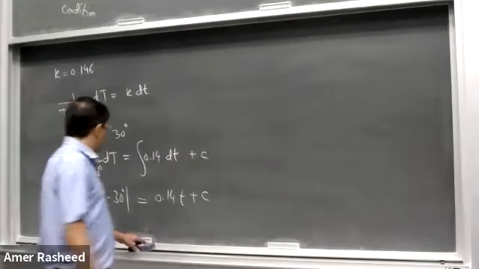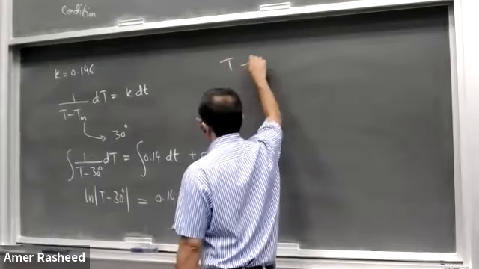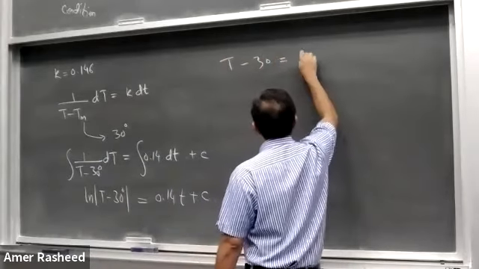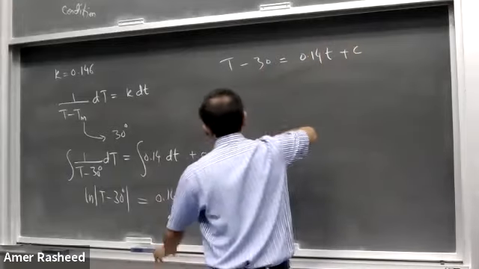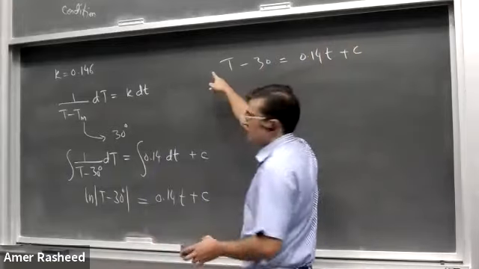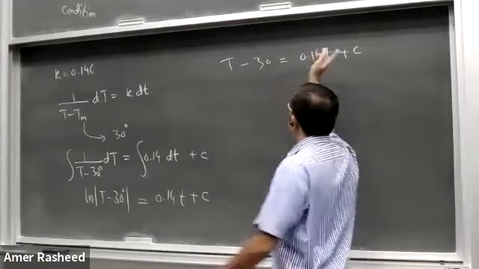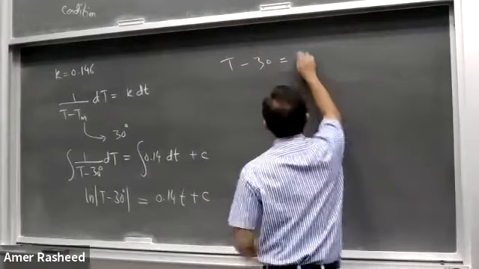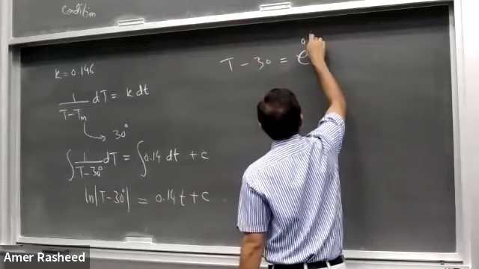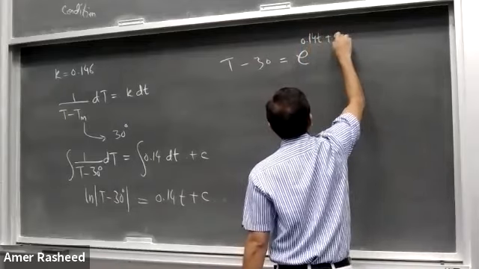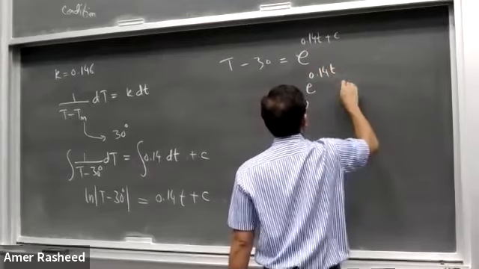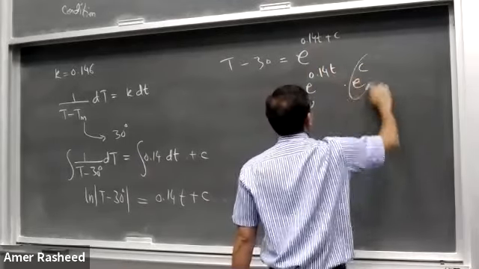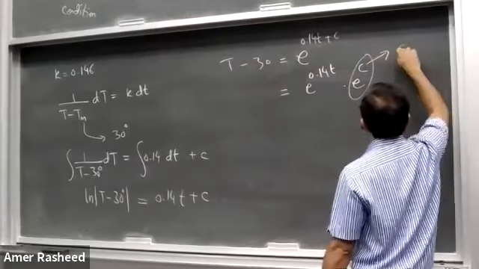Now T minus 30 is equal to 0.14 t plus c. Sorry, when we take the log to the other side, it will go in the power of the exponential: e raised to 0.14 t plus c, which is e raised to 0.14 t into e raised to c. This is another constant, we call it c naught.